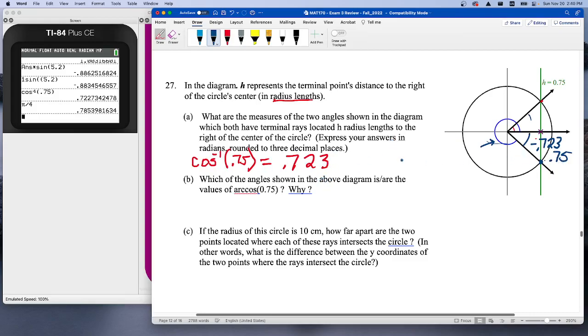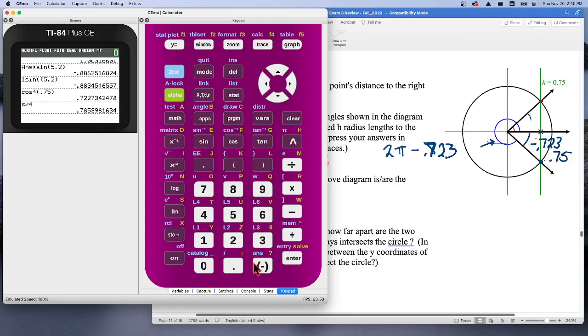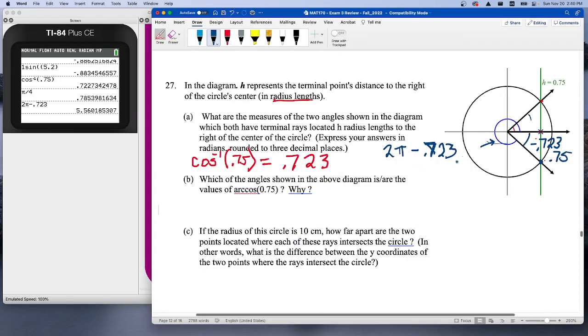It won't give it to us directly, but for the blue angle, we just take 2 pi minus 0.723. 2 pi minus 0.723 is 5.56 to 2 decimal places. So the blue angle is 5.56 radians.